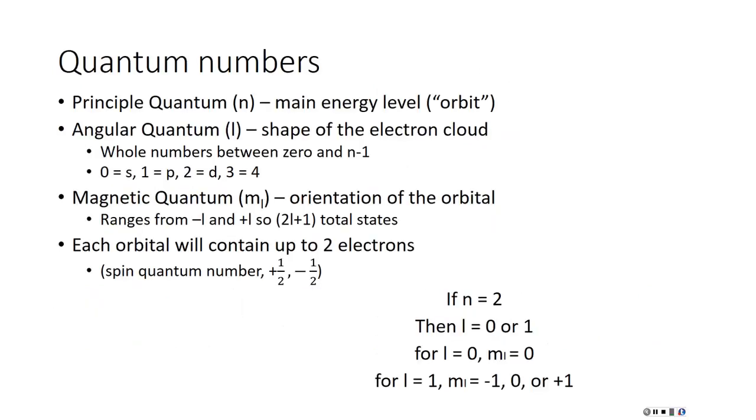If n is equal to 2, then you have a 1s, 2s, and 2p. Now, what these are, this is your s, this is your s, and then this is 3 orbitals.